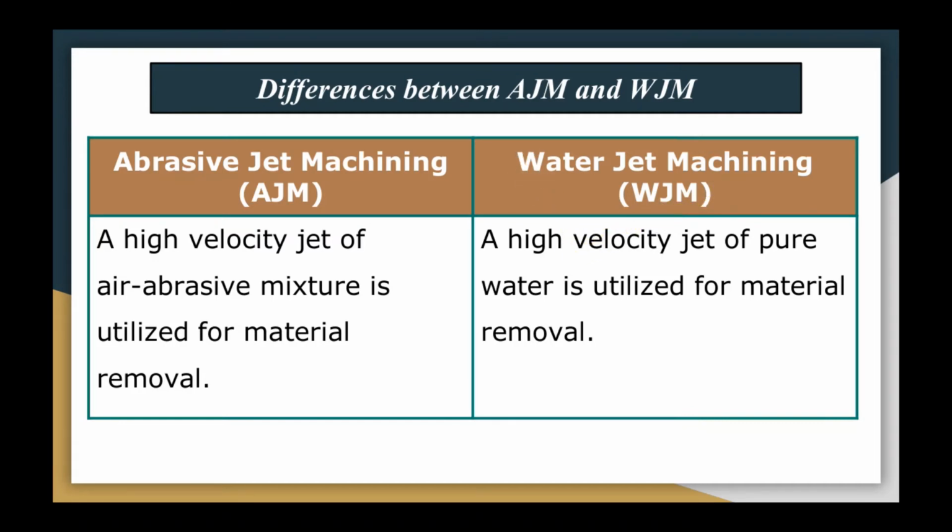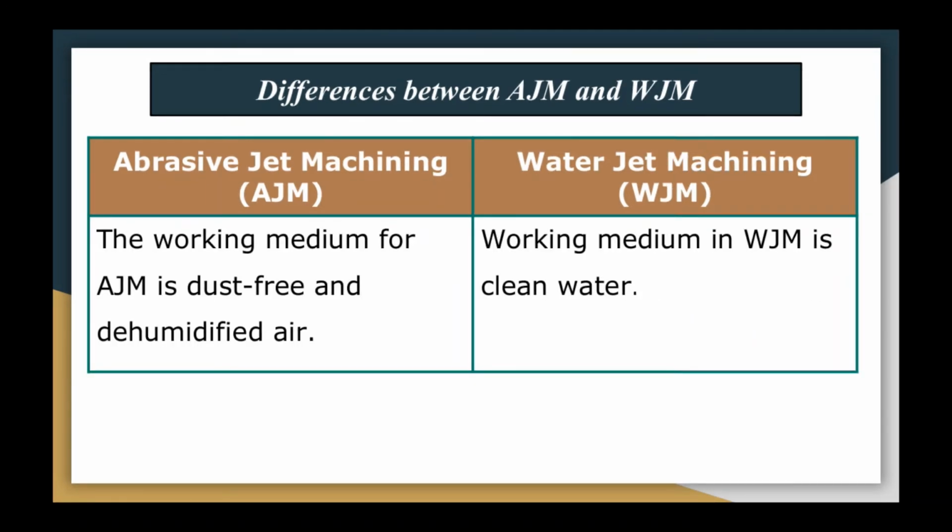So the first difference is that a high velocity jet of air abrasive mixture is utilized for material removal in case of AJM, and a high velocity jet of pure water is utilized for material removal in case of WJM. Then the working medium for AJM is dust free and dehumidified air. The working medium in water jet is clean water. So this is the second point.